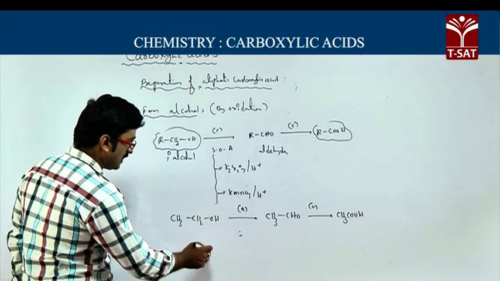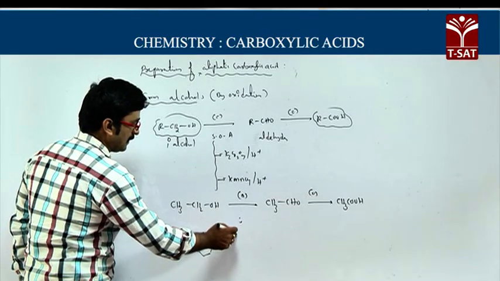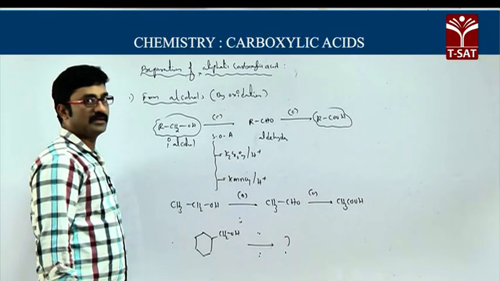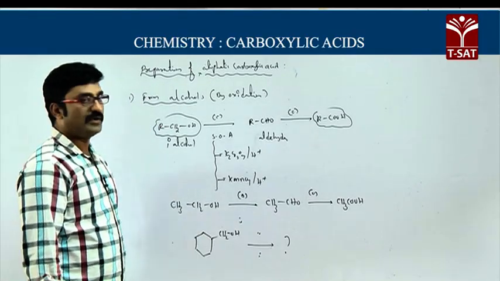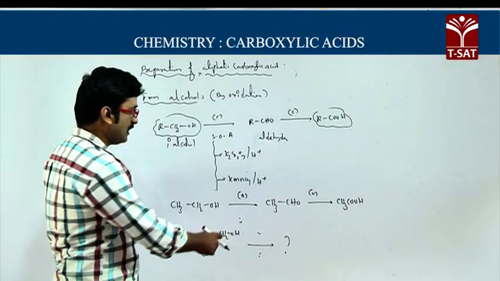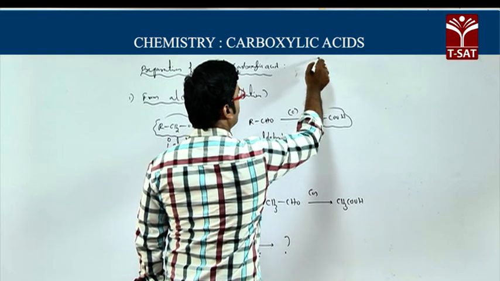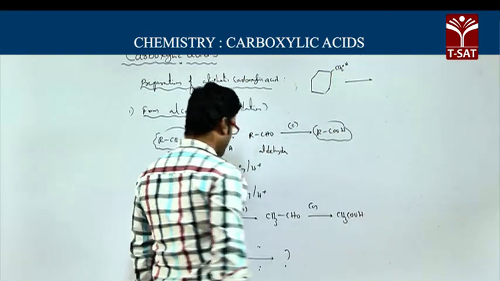Similarly, in the examination they will ask like this. It will be given like this, and on oxidation, what is the product? What is the oxidation product of this compound? The product will be here: this will be converted, CH2OH, on oxidation.